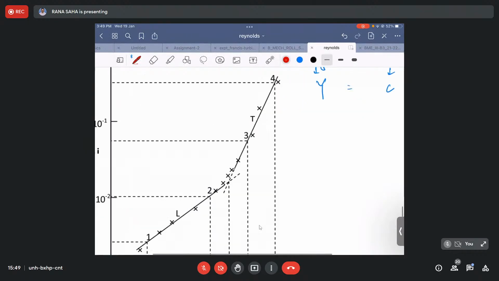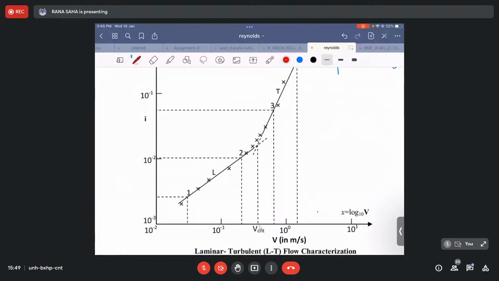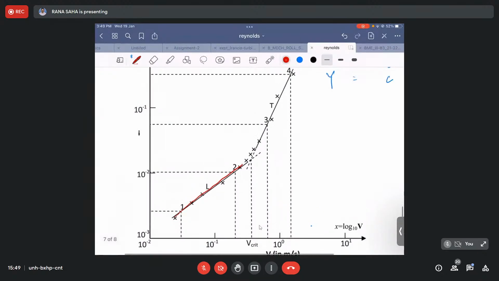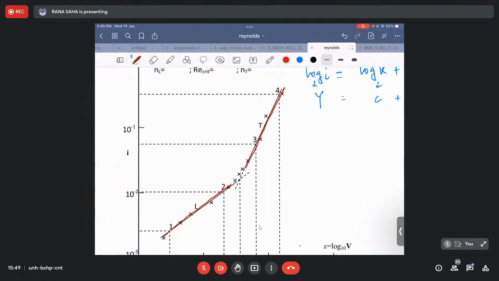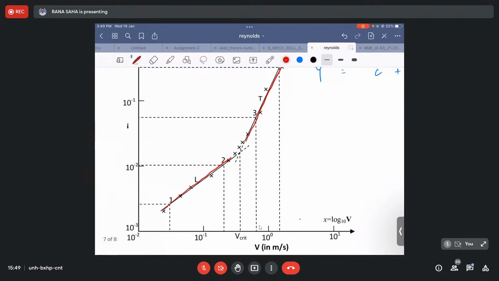Typically, one can expect two distinct regions, one for the laminar, which is something like this, and the other for the turbulent, which is something like this. You can see those crosses, which are the points distributed here. For the laminar region, you can expect a point distribution like this. The first 1, 2, 3, 4, 5 points in your sample data are where you found straight lines by visual observation.